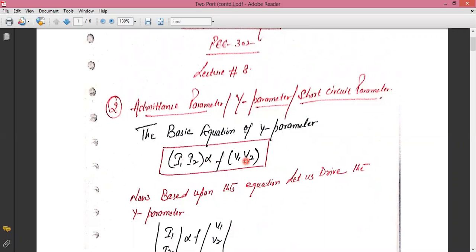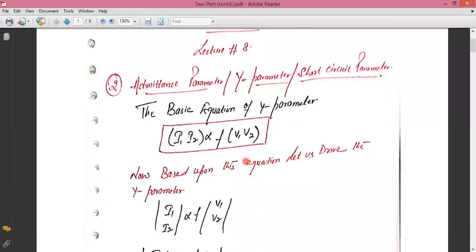If you remember, in case of the Z parameter, the input voltage and output voltage are a function of the input current and output current. But in case of the Y parameter, the input current and output current are a function of the input voltage and output voltage. So based upon this basic equation, let us derive the Y parameter.